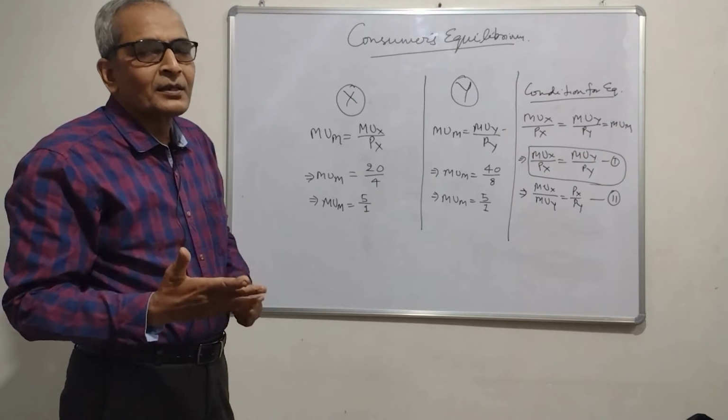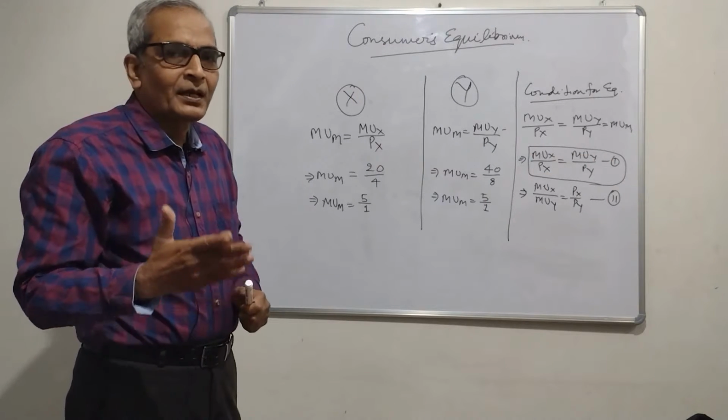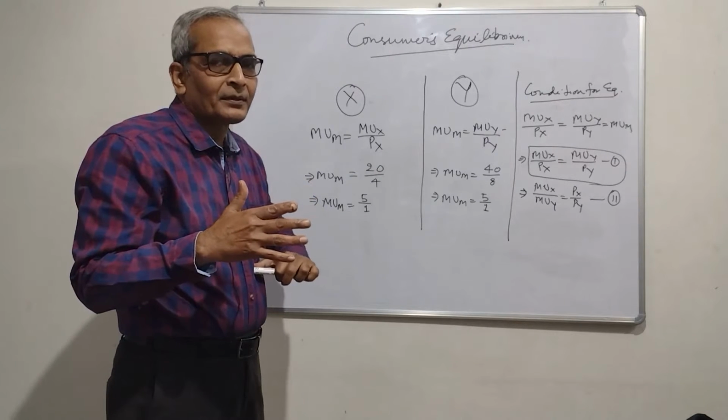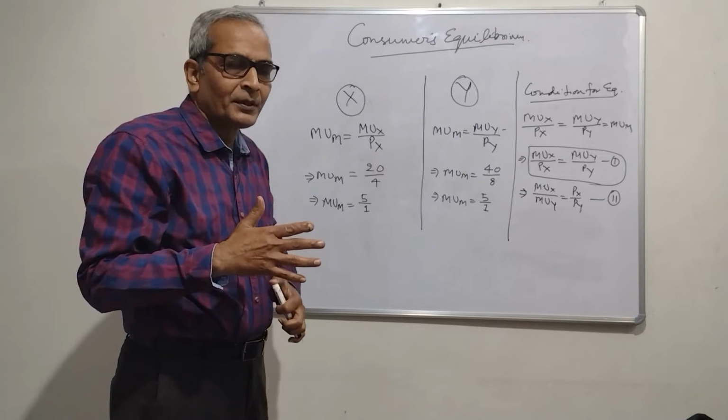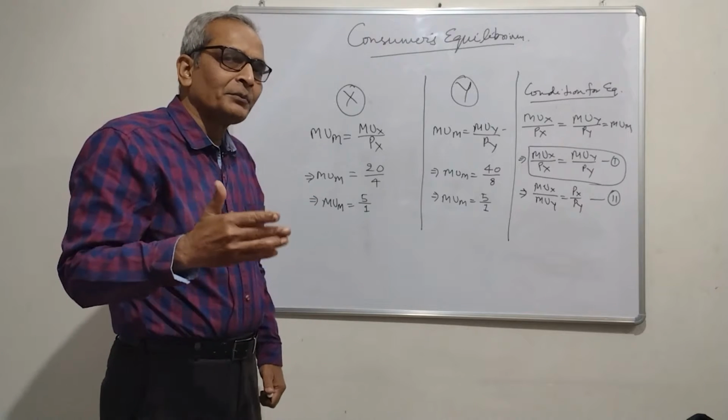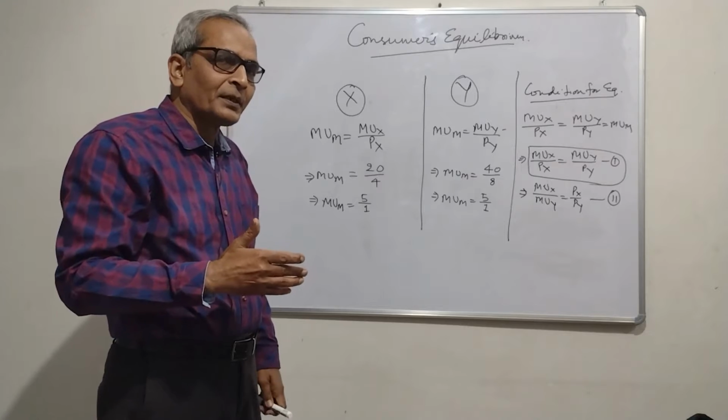Now, what are the cases of disequilibrium? Like for one commodity, MUX was greater than PX in the first case of disequilibrium. In the second case of disequilibrium, MUX was less than PX.